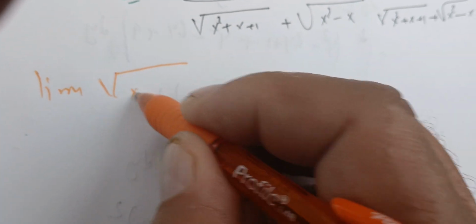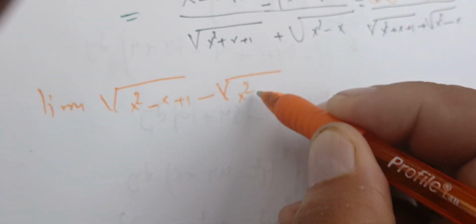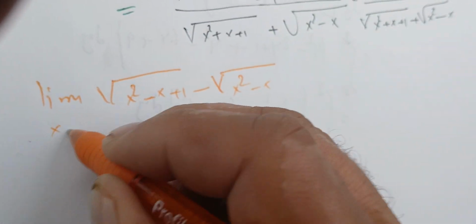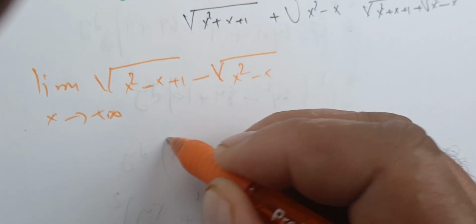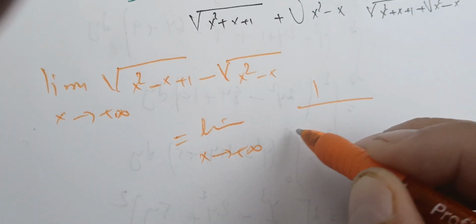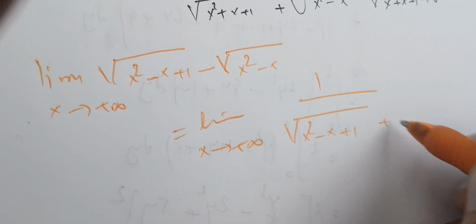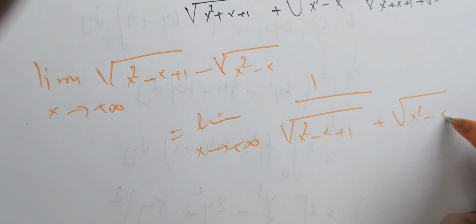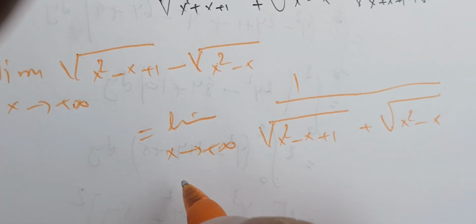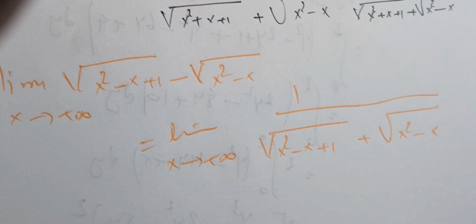of the square root of x squared minus x plus 1 minus the square root of x squared minus x, as x goes to plus infinity, is the limit as x goes to plus infinity of 1 over the square root of x squared minus x plus 1 plus the square root of x squared minus x. And therefore we can conclude now. We don't need to do any computation.